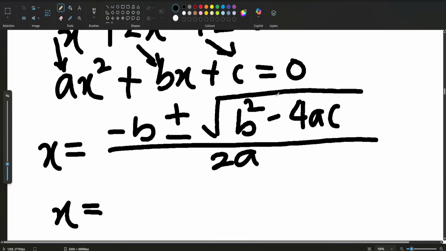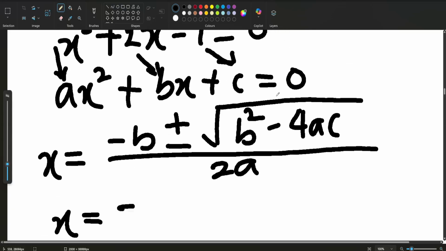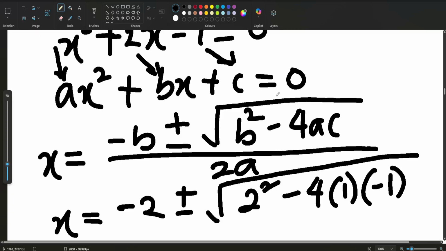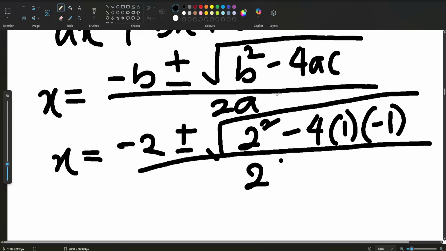Our b is 2, so it's going to be minus 2 plus or minus the square root of 2 squared minus 4ac. a is 1, c is minus 1, all over 2a. What is a? a is 1.